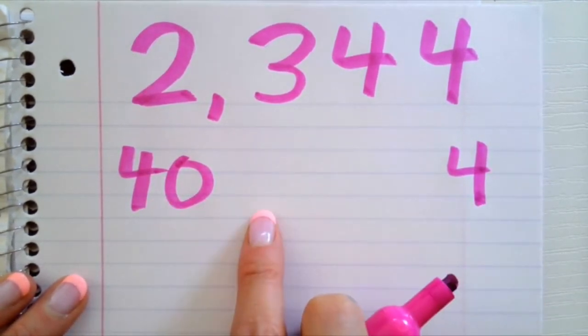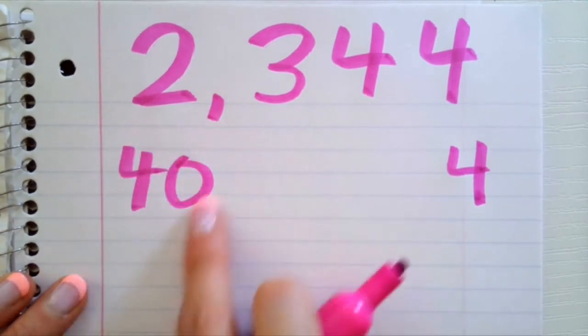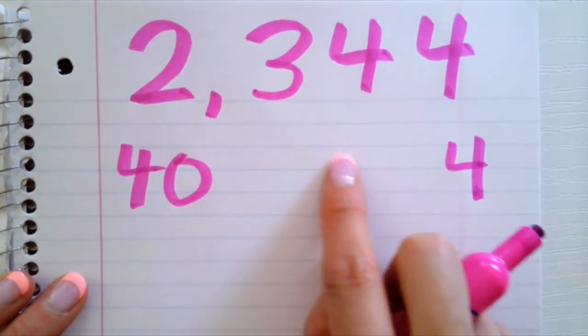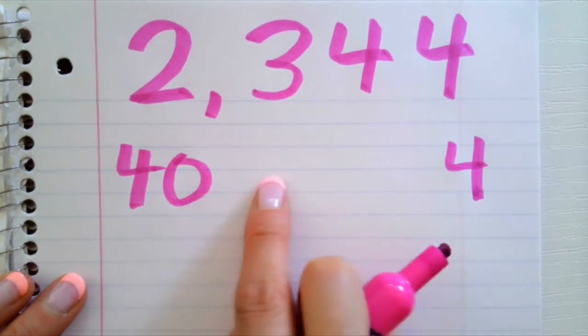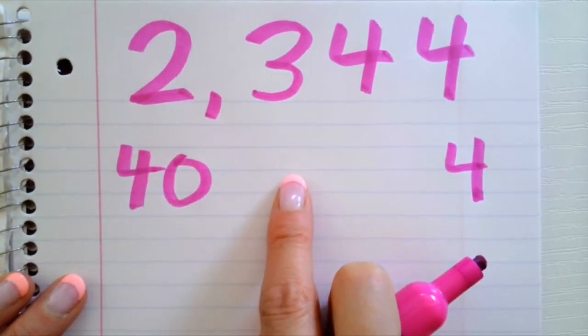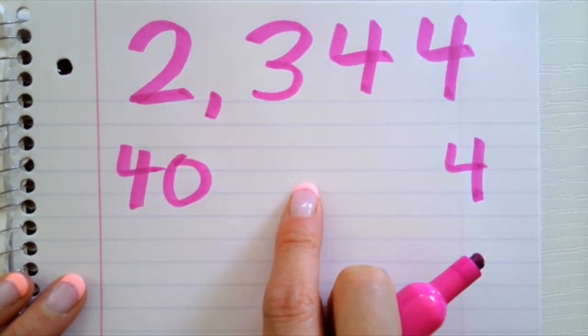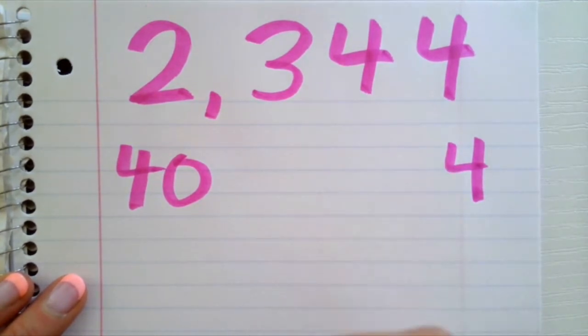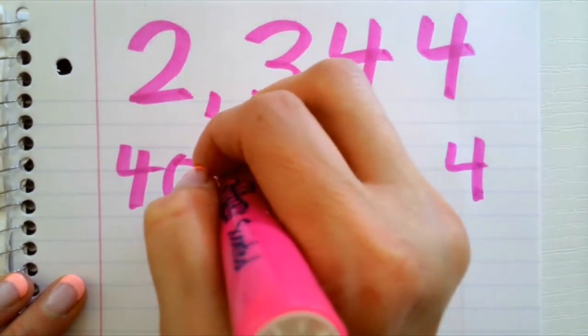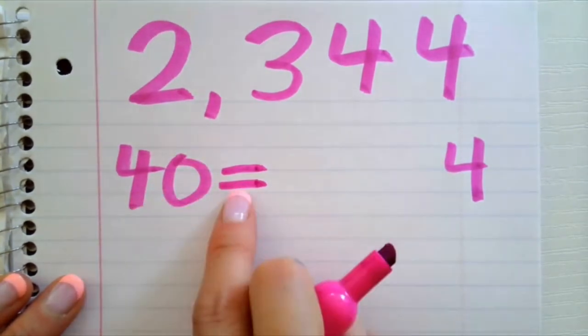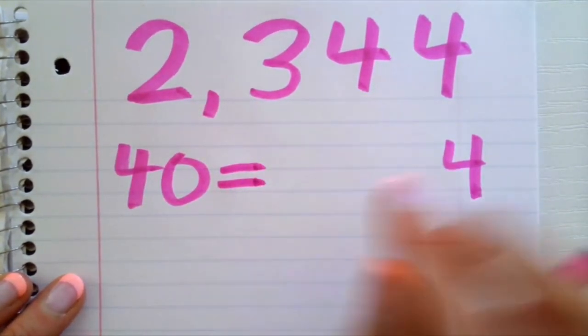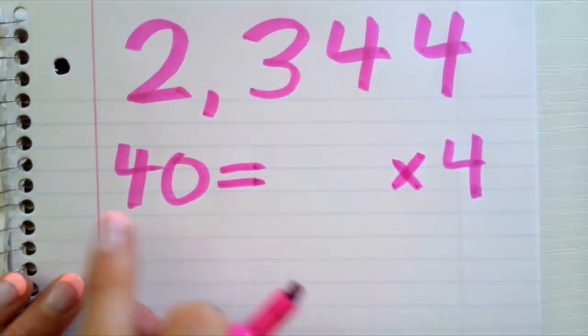If I was just saying less than or greater than, this is the bigger number. So I would draw that alligator mouth open towards the 40. But I am making a multiplicative comparison, which is written as an equation. 40 is equal to something times 4.